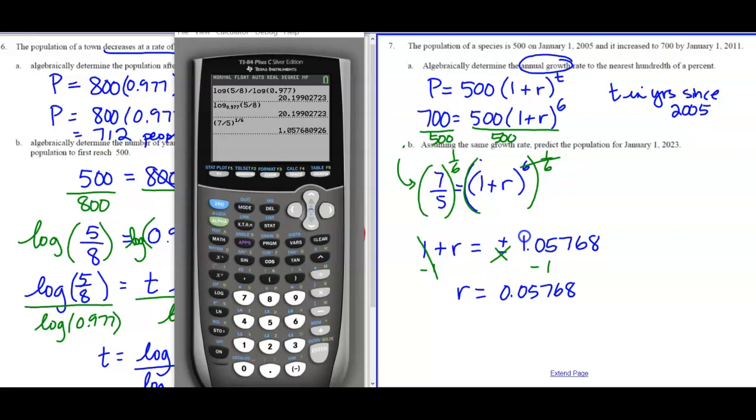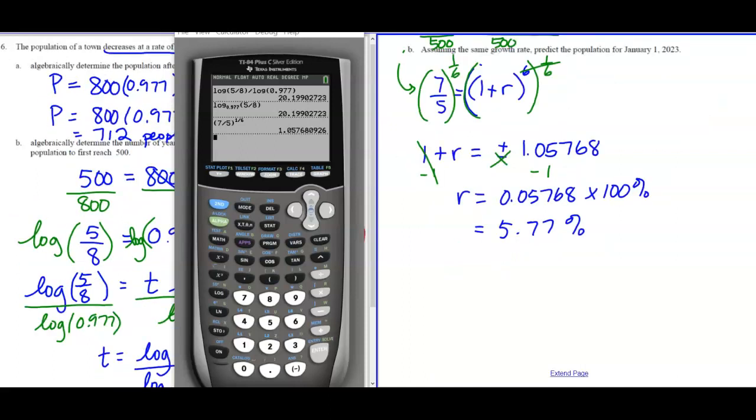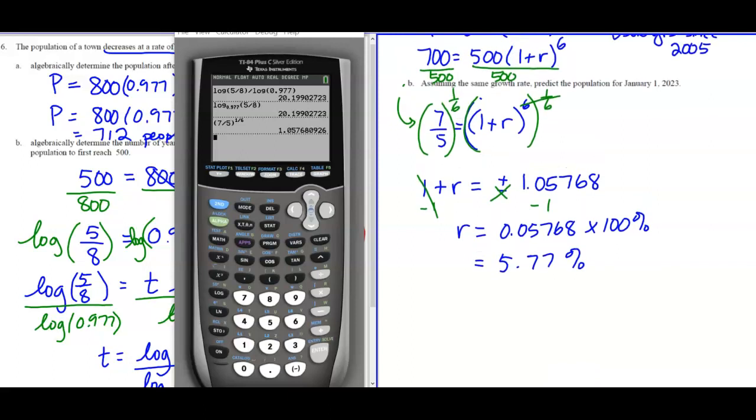So that's the decimal form. Multiplied by 100% is, to the hundredth of a percent, 5.77. Okay, so that's the growth rate. Use the 100% and add on 5.77%.